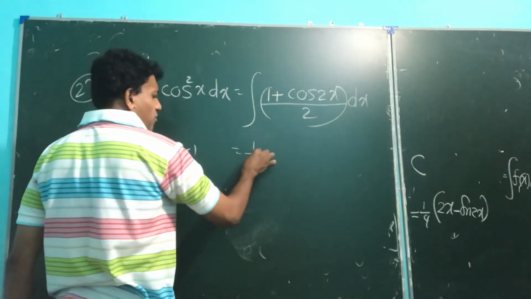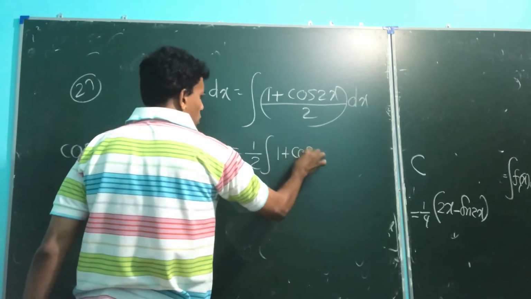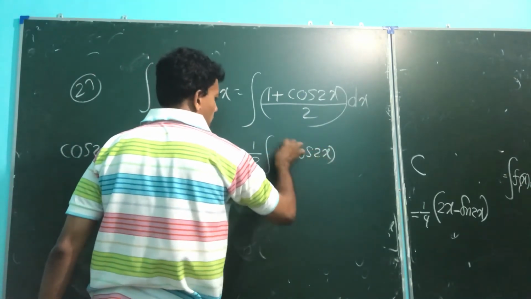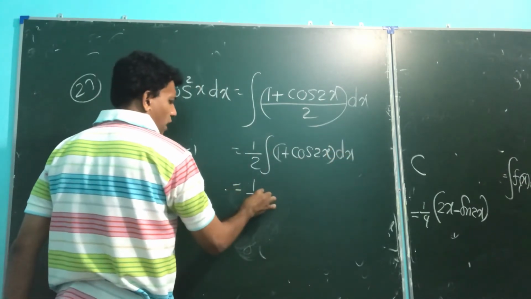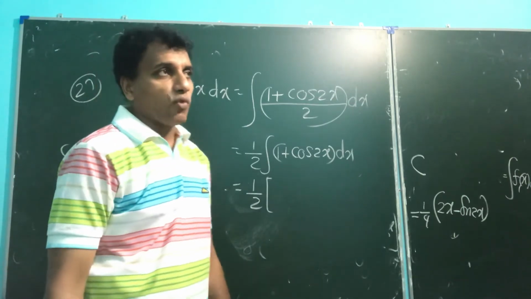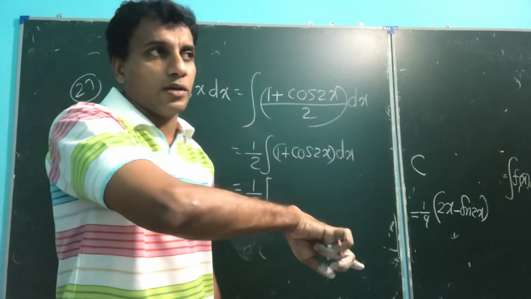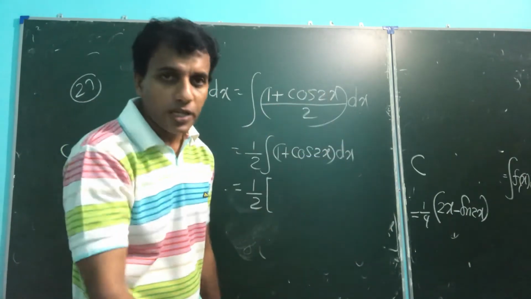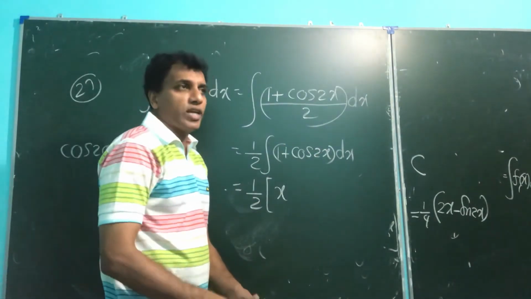I take the half out, integral of 1 plus cos 2x into dx. So therefore half. Now integrate and write the answer. What is the integration of 1? X differentiation is 1, therefore the integration of 1 is x. What about this one? Cos integration.